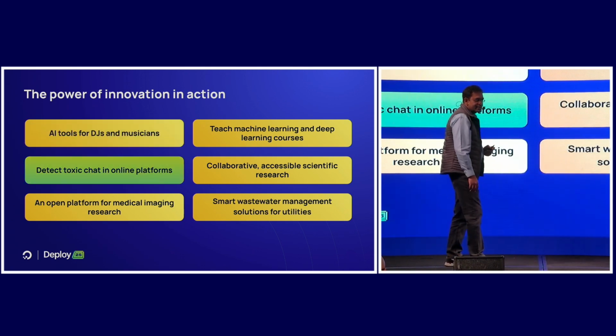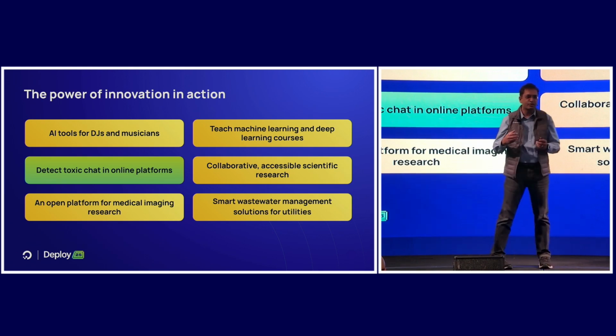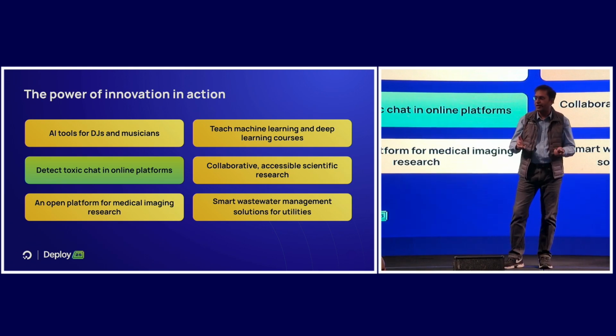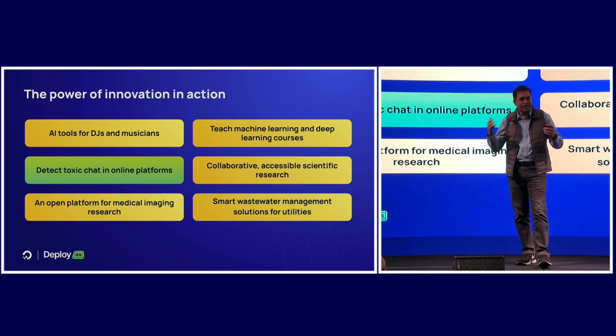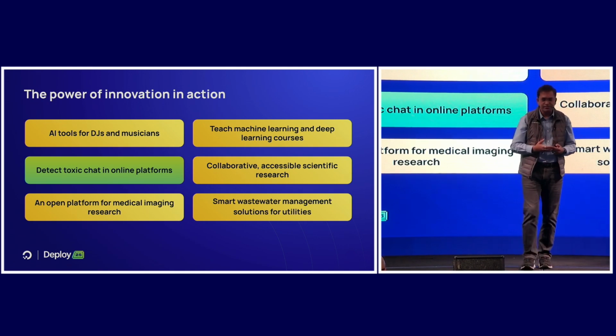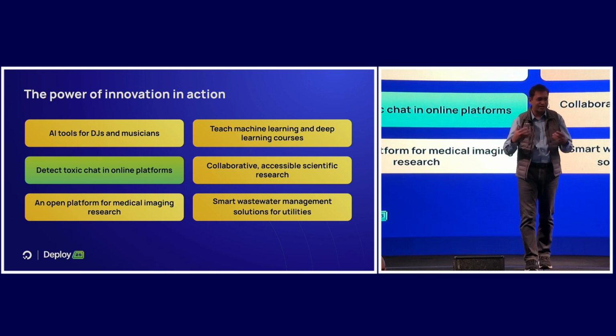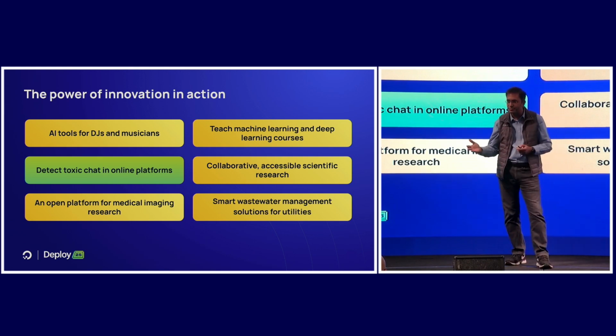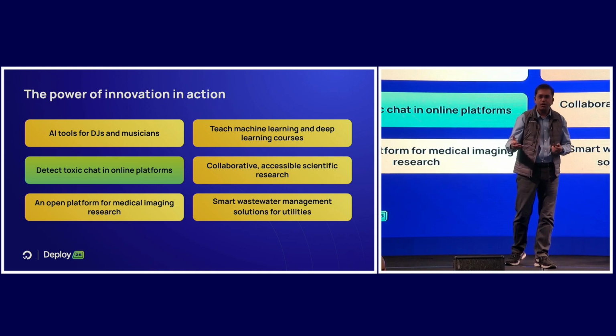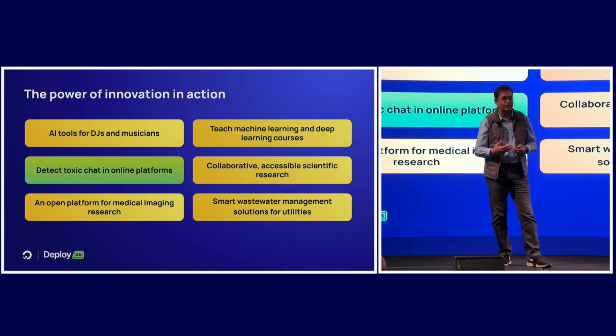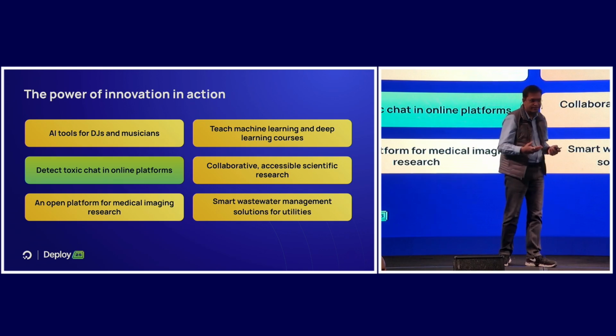The next example is of a customer who's tackling growing issues in online toxicity. What do I mean by that? In platforms that you all are building, they may be a dating app, a gaming app, a marketplace, or a social media platform. All of us are increasingly creating a lot of content, and we are increasingly social online.